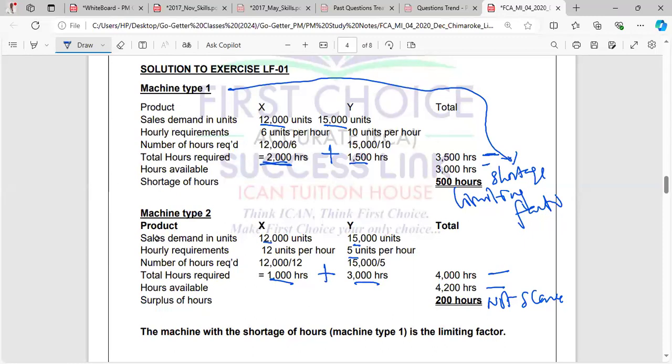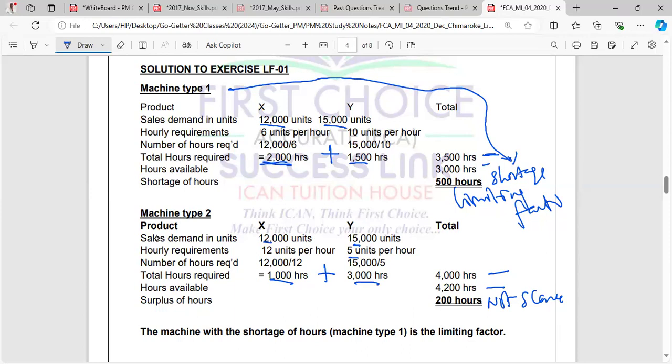So limiting factor is anything that brings shortage. When what you have is short of what is required, then that is a limiting factor.